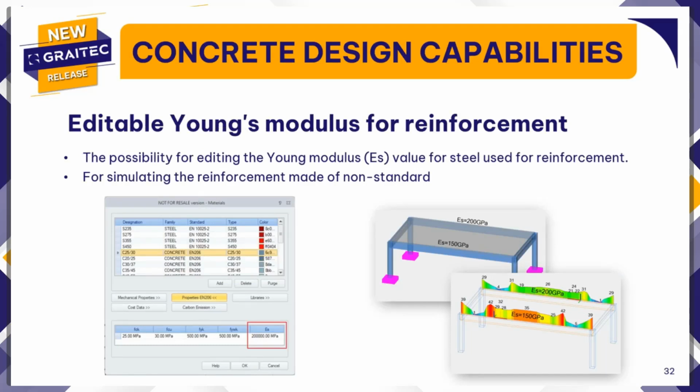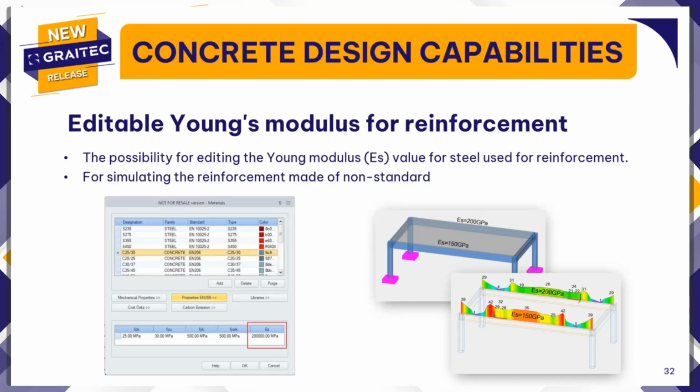Another new feature is the ability to edit Young modulus values for reinforcing steel. In Advanced Design, this editing takes place in the properties of the reinforced concrete zone, in the material dialog. Thanks to changing the Young modulus, we can simulate non-standard types of reinforcing steel during the calculations, such as stainless steel reinforcement, or to a limited extent, also composite reinforcements.